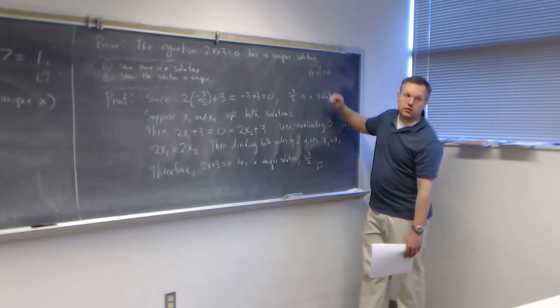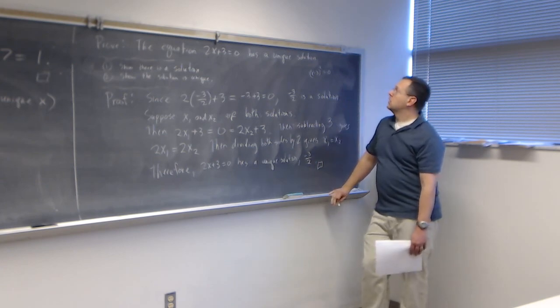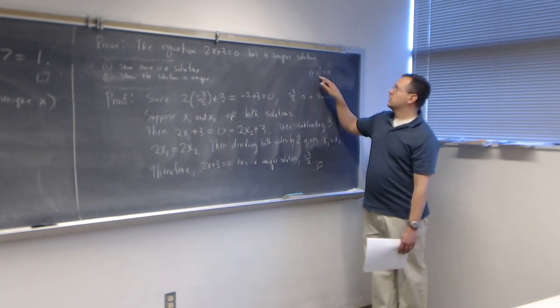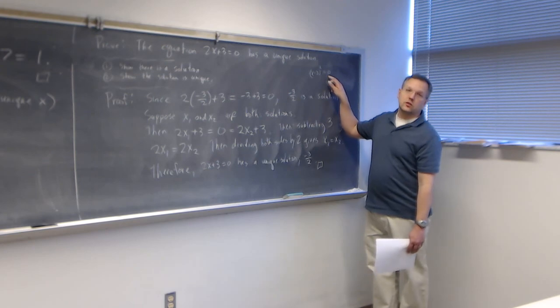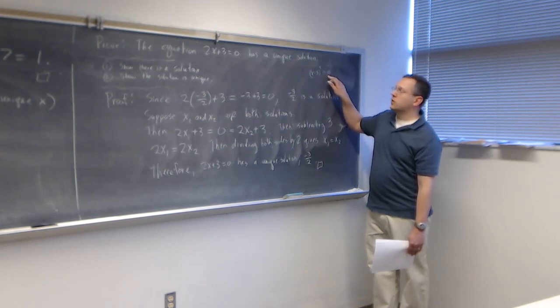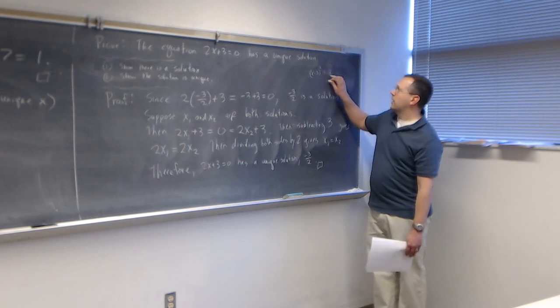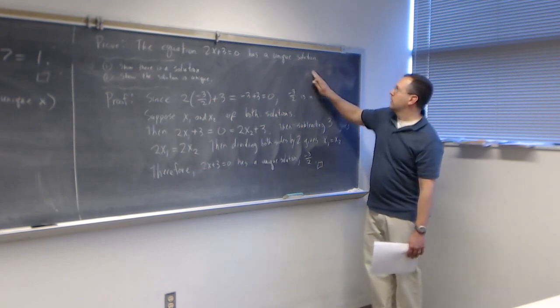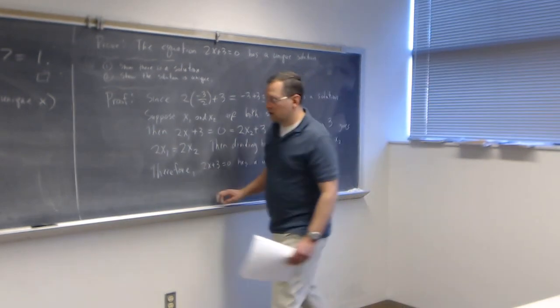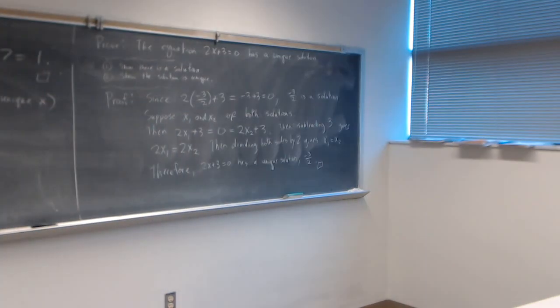Yes, x equals 3 would be our only solution, because 0 is the only number with one square root. The square root of 0 is 0. If this was any positive number, now you have two solutions, the positive and negative square root.